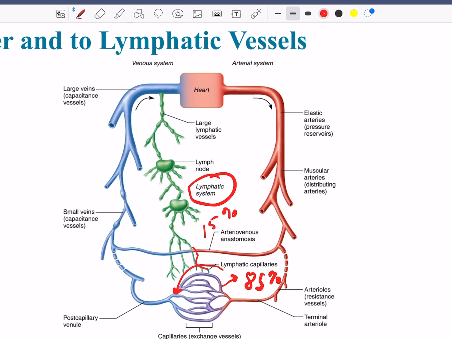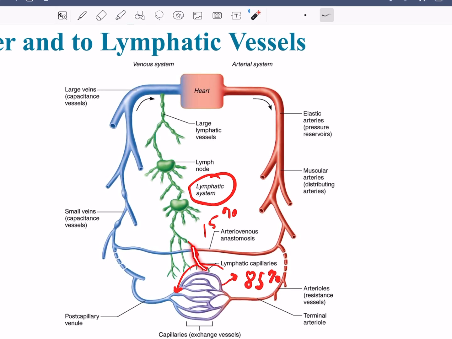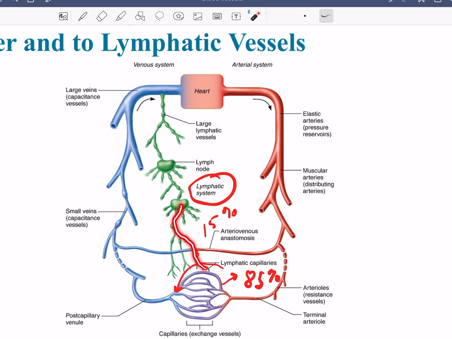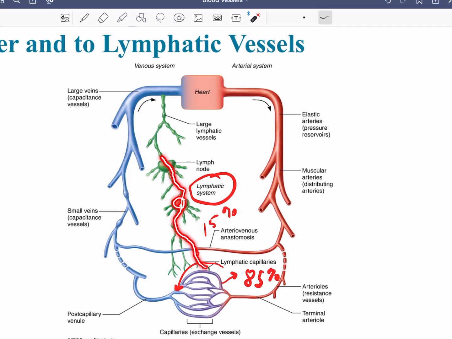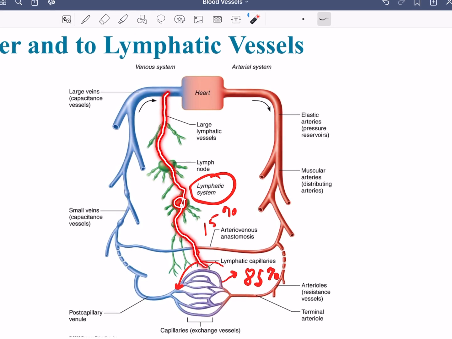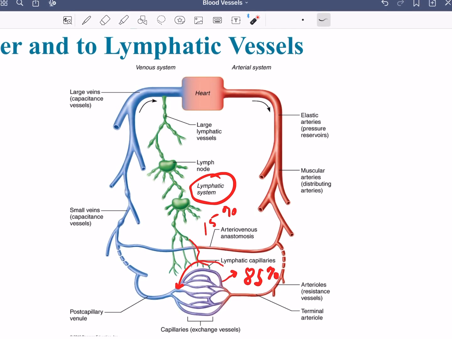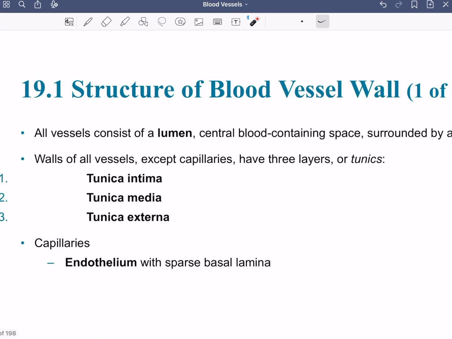And that is the role of the lymphatics. One of the roles is to take up the excess fluid, pass it through lymph nodes for quality assurance and control, and make sure there are no infectious agents, and eventually return it to the venous system right near the heart. So that water from the blood does get recaptured.